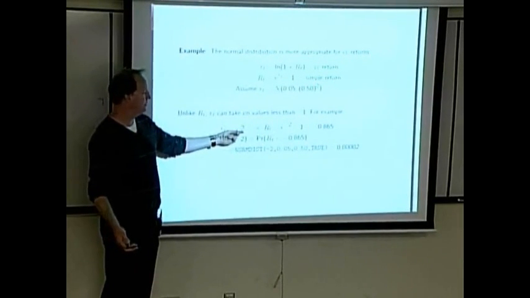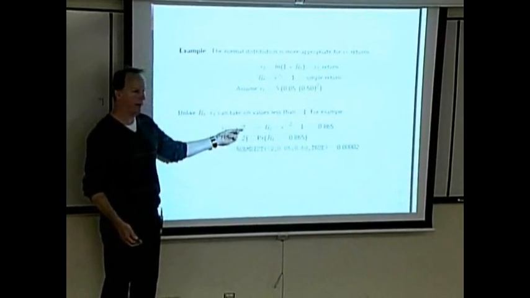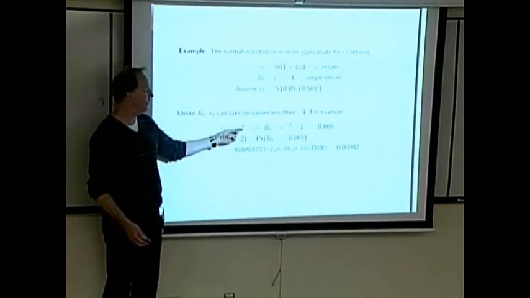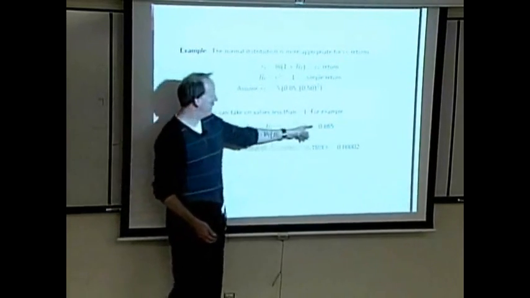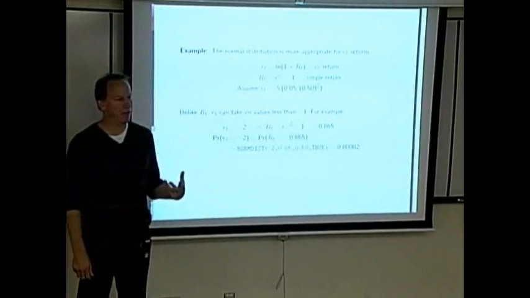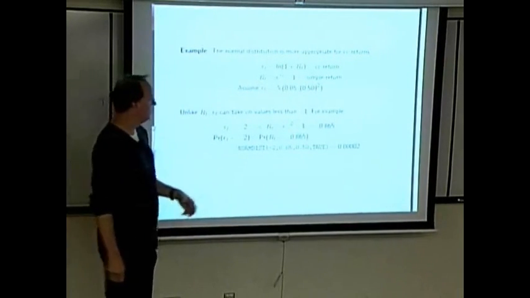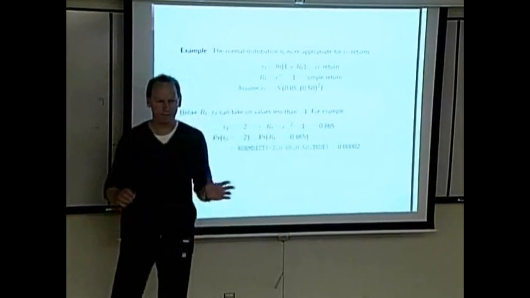Does that make sense? Well, what is the simple return that's implied by this continuously compounded return? It's e to the minus 2 minus 1. Well, that's minus 86.5%. So if the continuously compounded return is minus 200%, you've actually only lost 86% of your money. Okay?